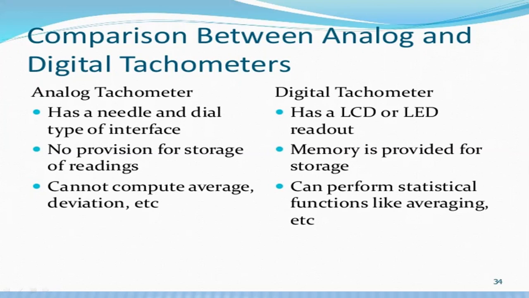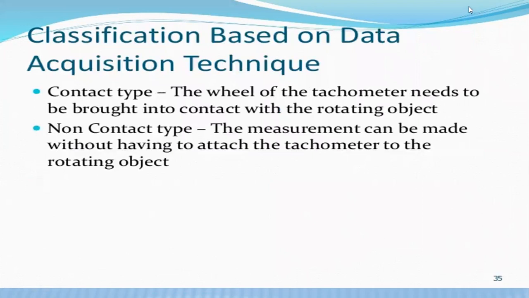So that is the comparison of the analog and digital tachometers. And what are the different classifications based upon the data acquisition technique? In that there is a contact type and a non-contact type. These are the two classifications of data acquisition in measuring speed with tachometers. In the contact type, the wheel of the tachometer needs to be brought into contact with the rotating object.